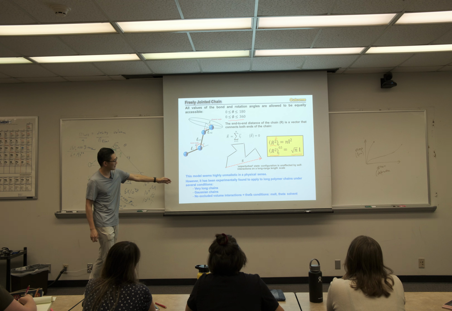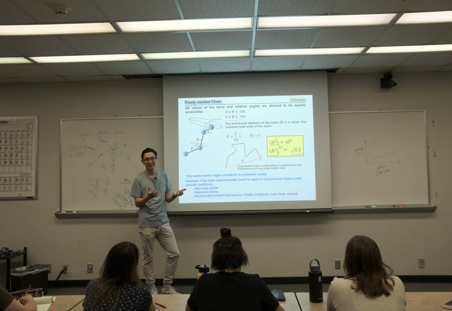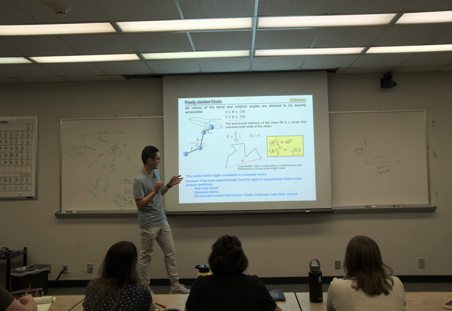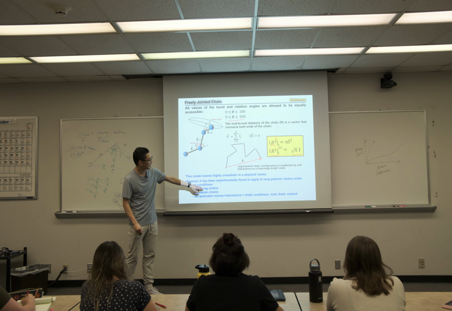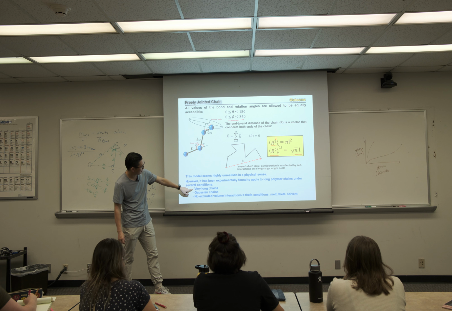Here, to give you an example of why the freely joined chain is beautiful in math: it's very simple, probably the simplest you can have. But it's highly unrealistic because it's so idealized. It has been experimentally applied to long polymer chains under several conditions. It needs to be very long.